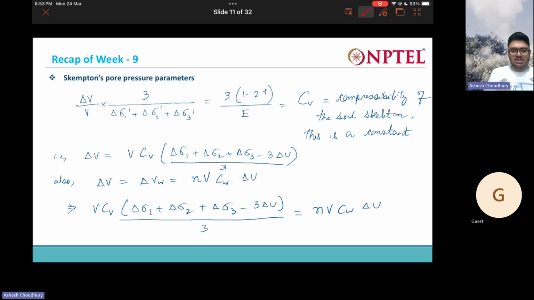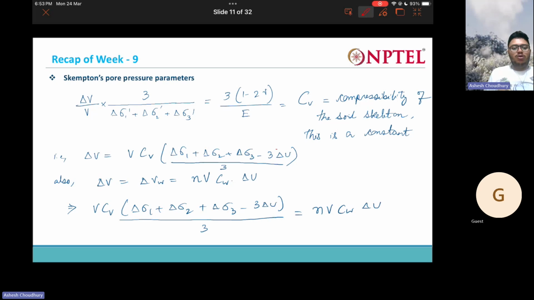This is the constant. Then delta V we can write as Cv times this quantity, where we convert the effective values to total values, and hence we get a pore water pressure value here.